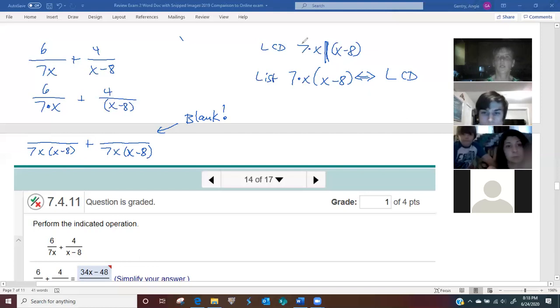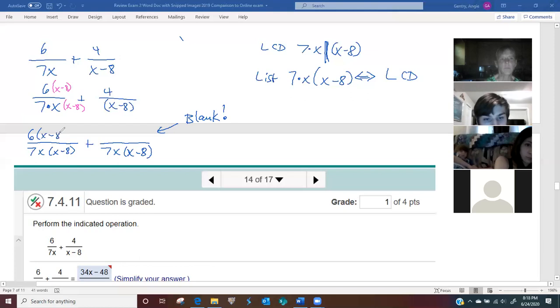Then you say, what happened from 7x to 7x times x minus 8? Do you see how it's missing that piece? Whatever you do downstairs, you have to do upstairs. So then you come back in and say, my numerator is 6 times x minus 8.